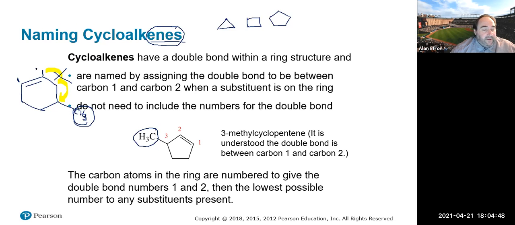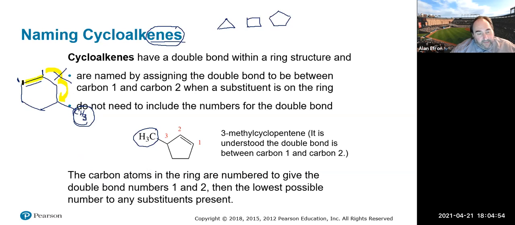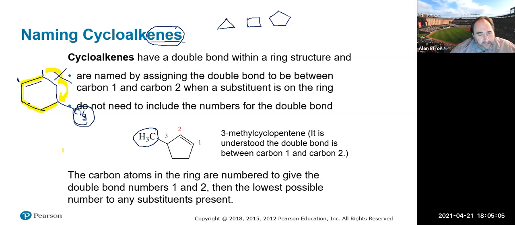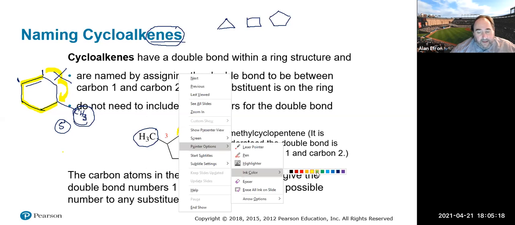I would have to start here where that 1 is, and then go through the double bond to 2, to 3, to 4, to 5. If I went that counterclockwise way, again through the double bond, that would tell me that this group is at carbon number 5. My other option would be to start at the other end of that double bond and also go through the double bond.